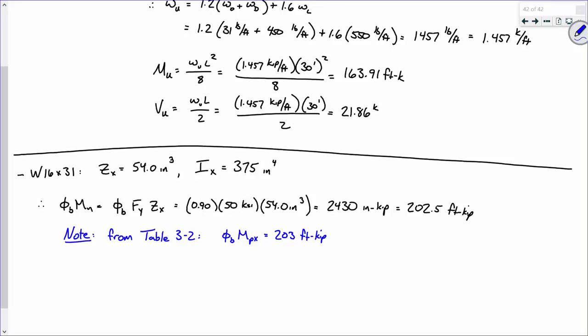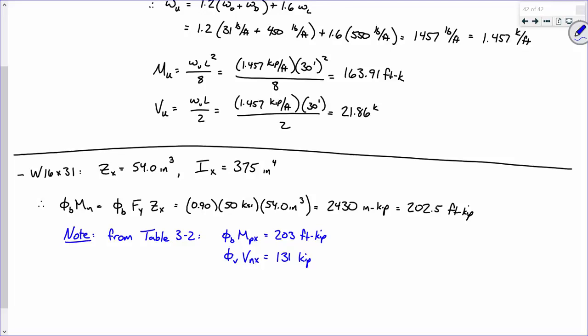Sound good? Now, while we're at it, what is this? The shear capacity, in other words. Say it again. 131 kips, right? So compare that against the load.